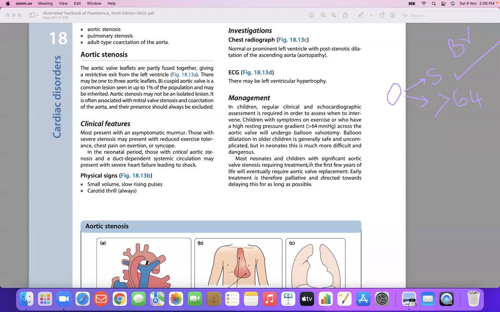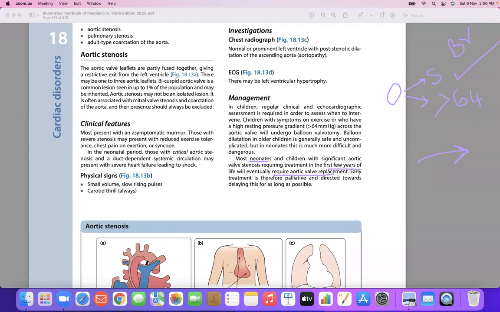But in the neonates, what happens? You may do this balloon valvulotomy just to give them the time to grow. Ultimately, they have to go for aortic valve replacement. Most neonates and children with significant aortic valve stenosis requiring treatment in the first few years of life will eventually require aortic valve replacement.